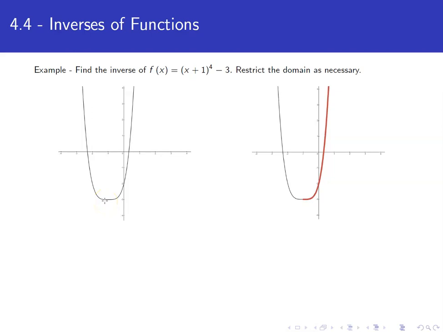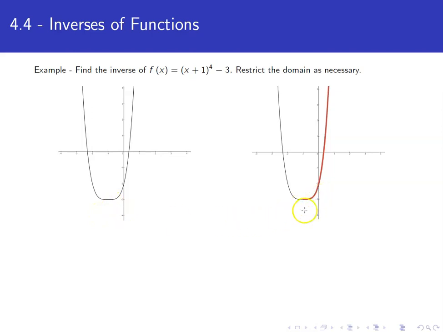One, we want to make sure that the function is still 1-to-1 when we restrict. So I wouldn't want to restrict, say, here, because that piece wouldn't be 1-to-1. We also want to take up the full complement of range values. So I wouldn't want to just say this piece, because a whole part of the range is missing. So when we do the restriction, we want a full complement of range values.